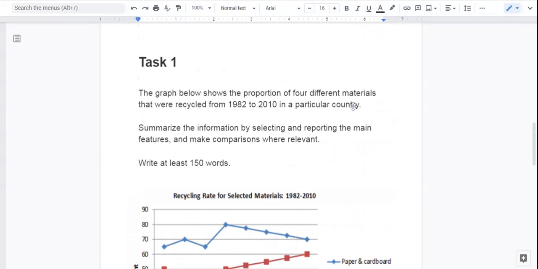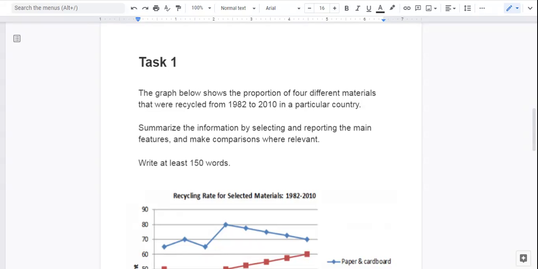The important thing to know is that we have to write at least 150 words and that it should maintain not some, but a formal style. So this is not informal, this is formal writing. Timer has started, writers. Okay, so here it says the graph below shows the proportion of 4 different materials that were recycled from 1982 to 2010 in a particular country.